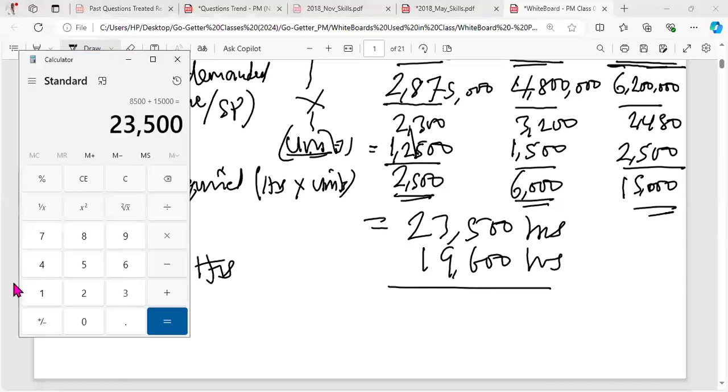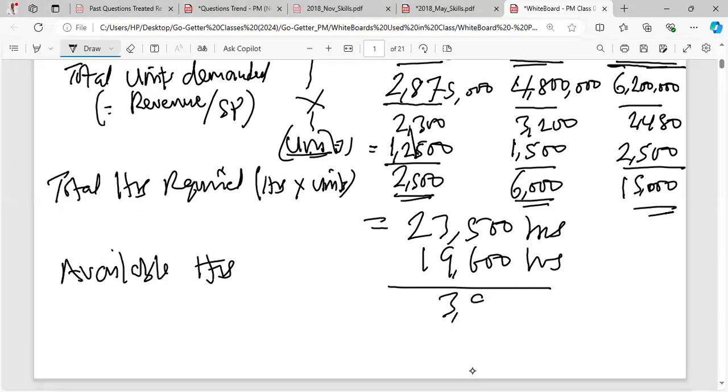So 3,900 hours short. Or say shortage. So this makes machine type 1 our scarce resource or limiting factor.